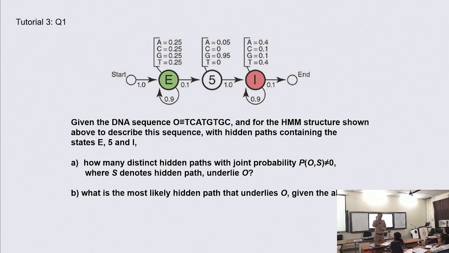So you would compute the joint probability for each of these three hidden paths, and then select the hidden path that has the highest probability value. Clear? So once you have determined the most likely hidden path, you know where the boundary is. For example, I say that, okay, this is the boundary, so the third hidden path.